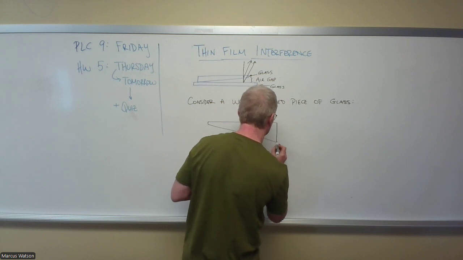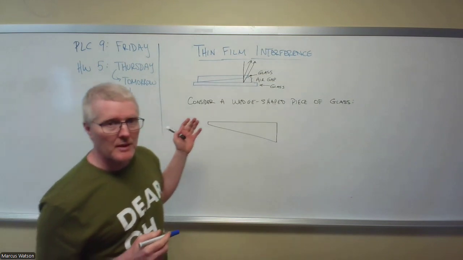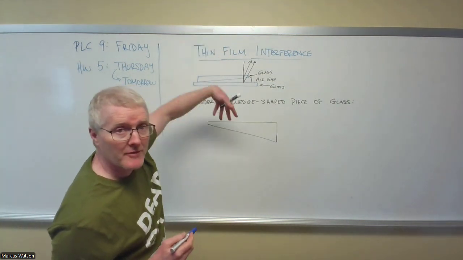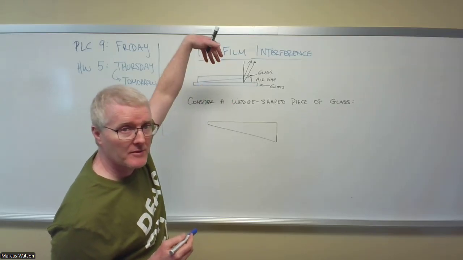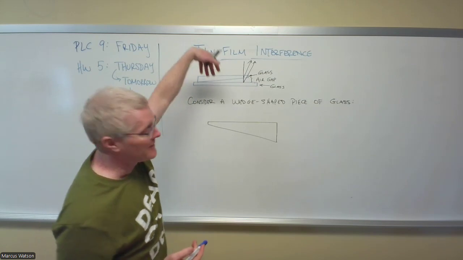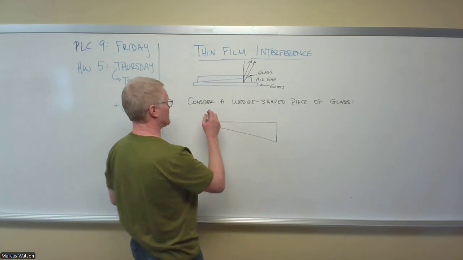Again, normal incidence, so light would be coming in directly onto the top surface at a 90-degree angle, or 0-degree angle really, because we always measure straight off the normal. So light comes in here.